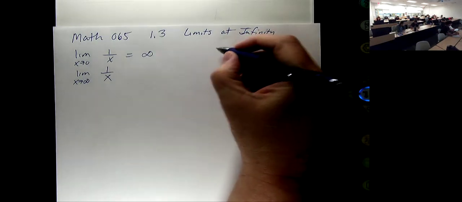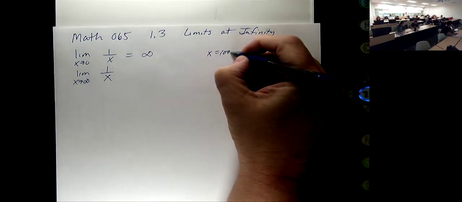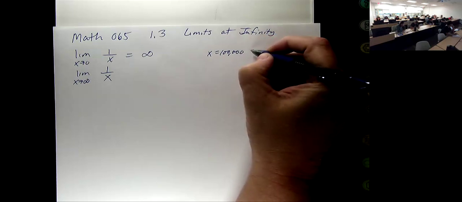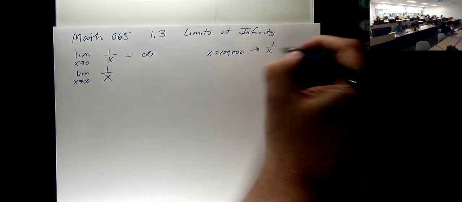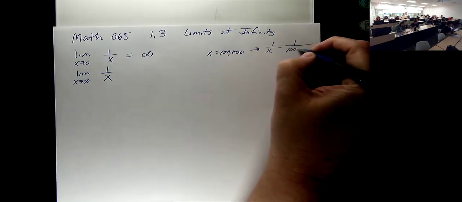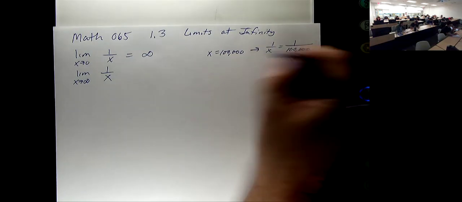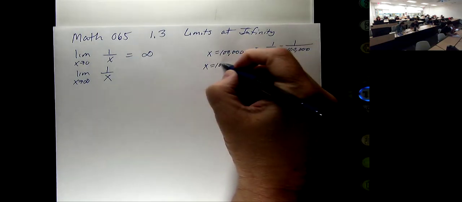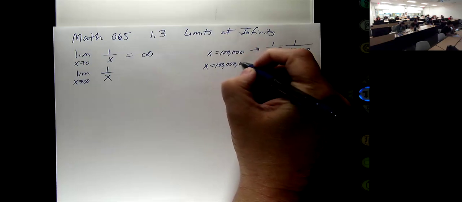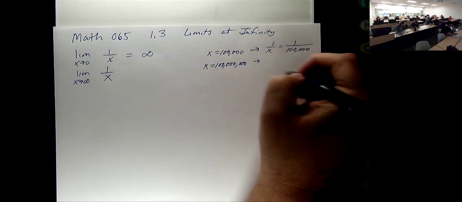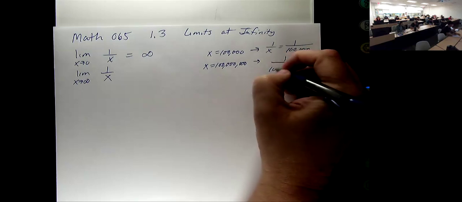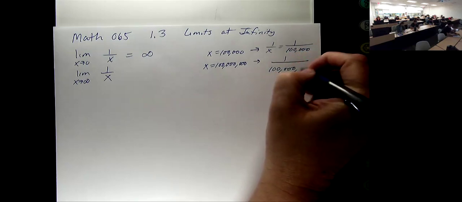Let's say x is 100,000. 1/x is 1/100,000. Maybe let's add a few more zeros. We get 1/100,000,000.